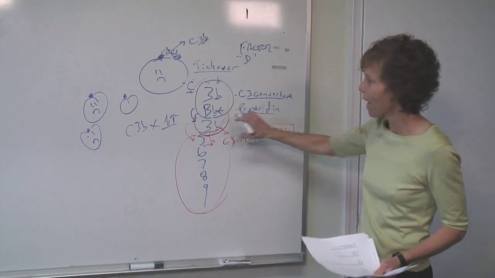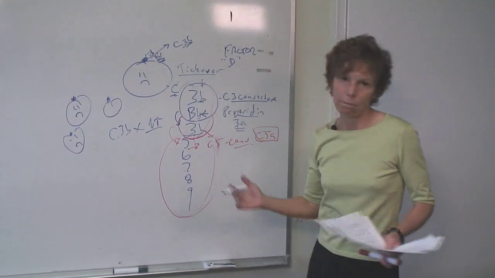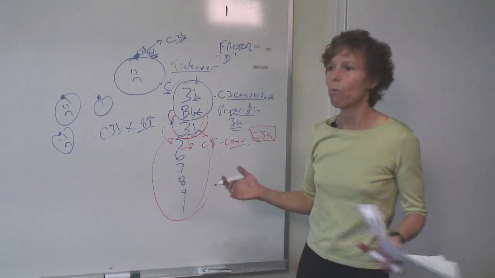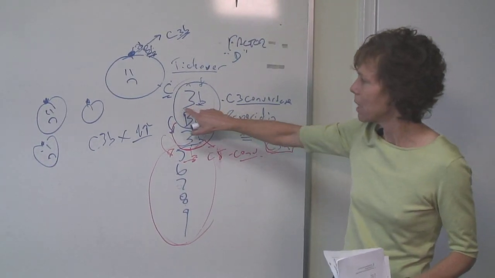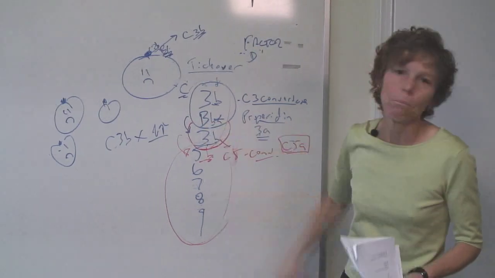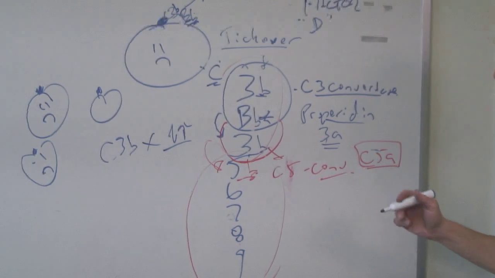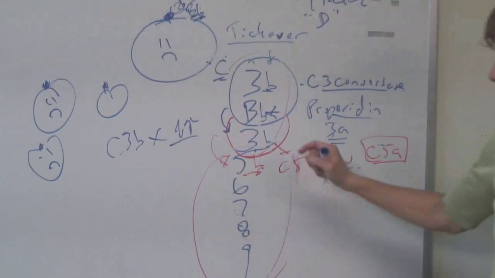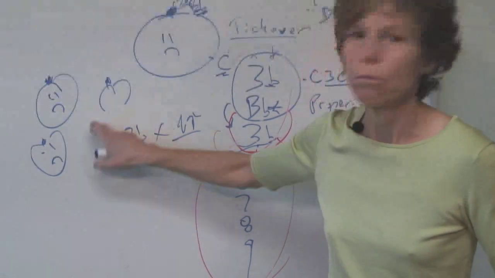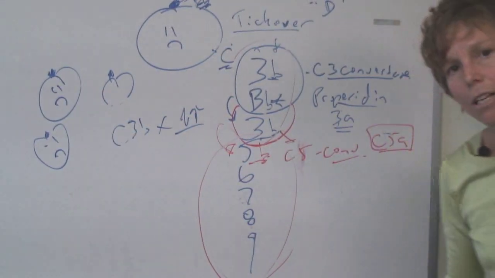So the question might ask, what is the C3 convertase for the alternative pathway? Or they might say, what activates C3b, or how do you get C3b? And it would be C3b, Bb. That's the C3 convertase, and I'll show you that in a quiz. Then this splits just your straight up C3, and you get several bioactive components, C3b, which we talked about for opsonization.